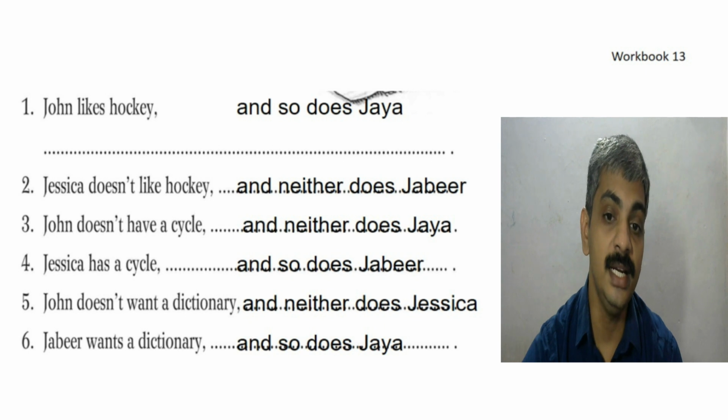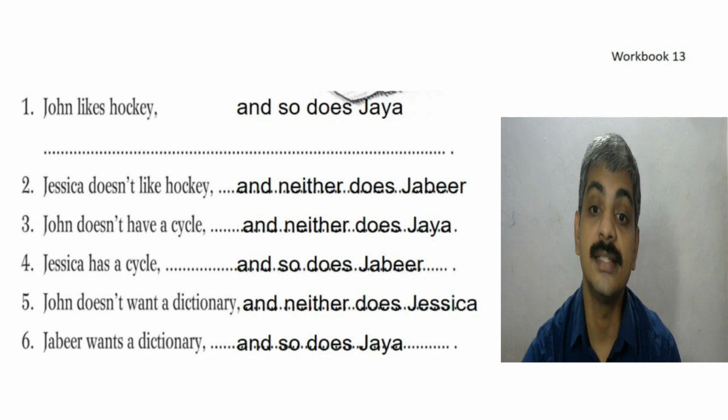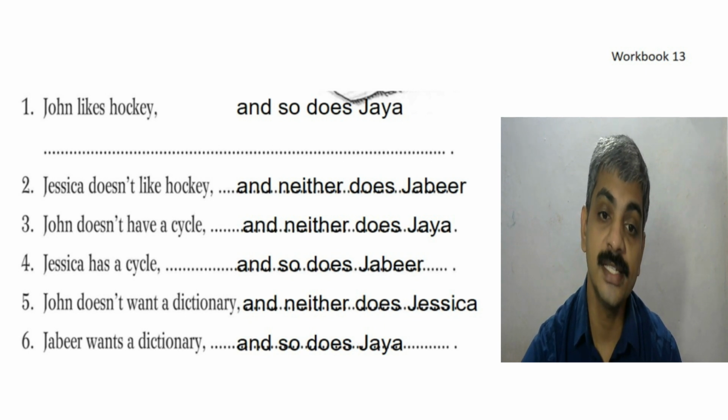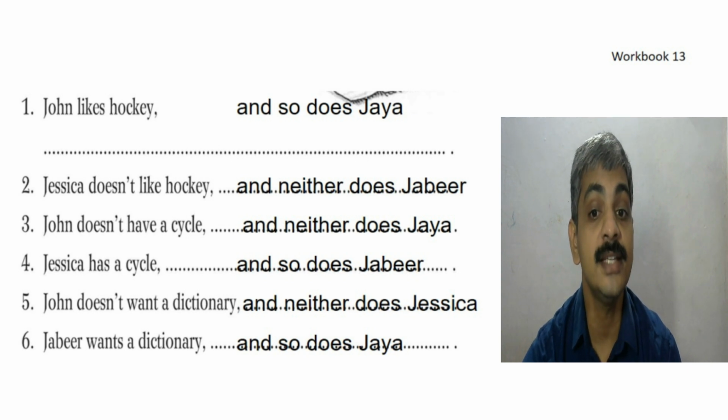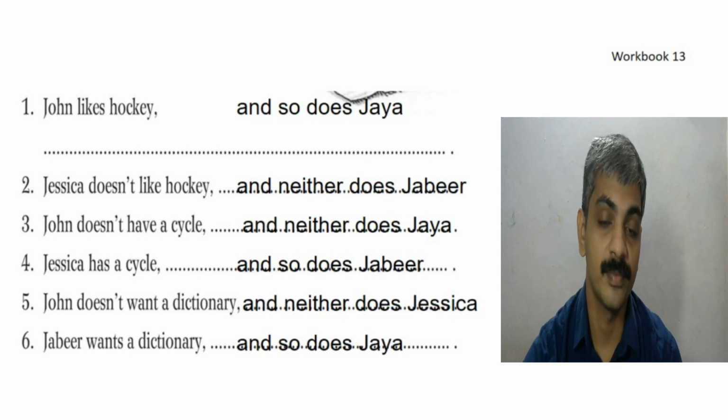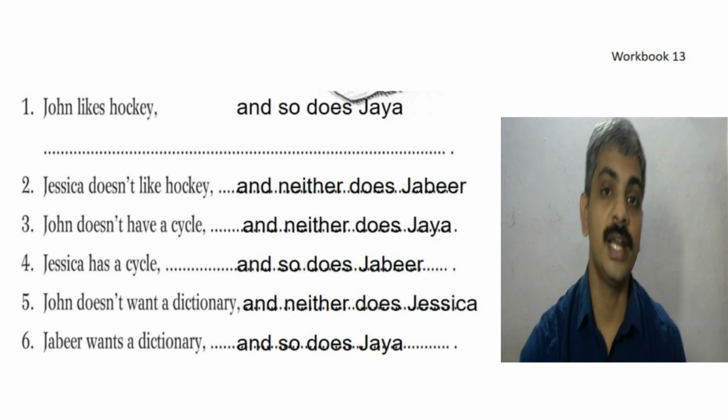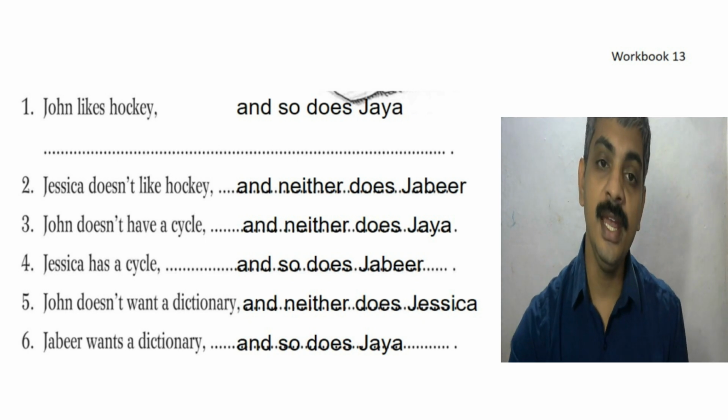Jessica has a cycle and so does Jabir. John doesn't want a dictionary and neither does Jessica. Jabir wants a dictionary and so does Jaya. You can take your own time to complete this activity in your workbook.